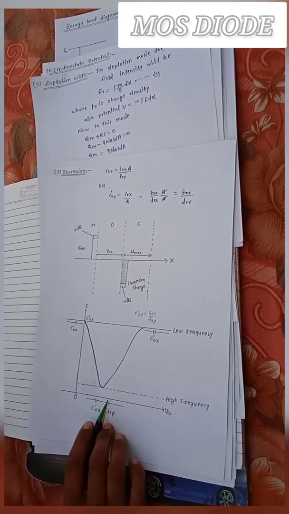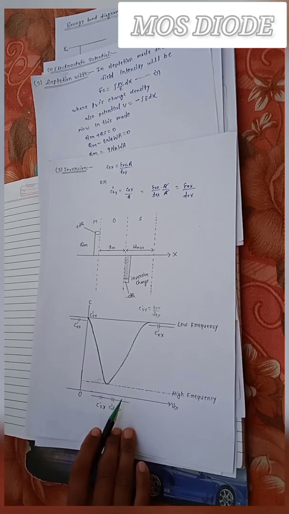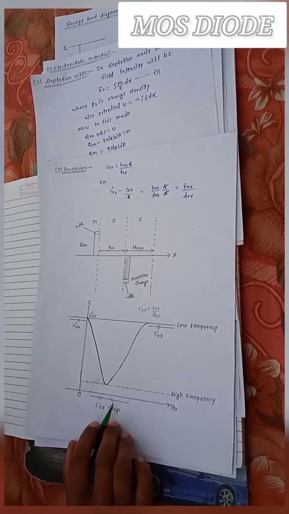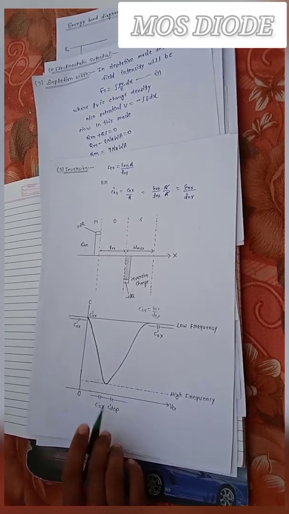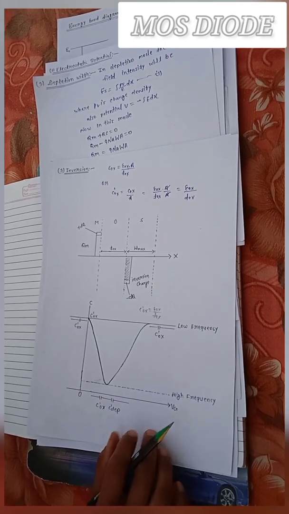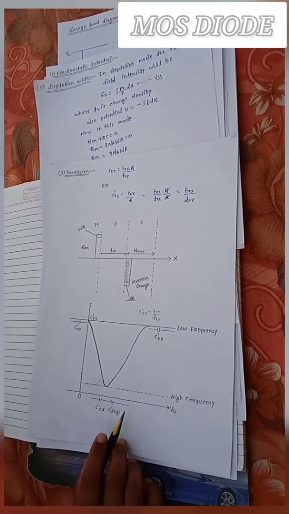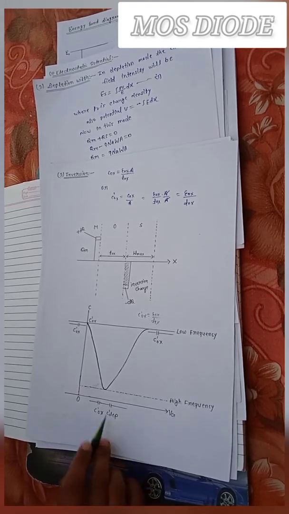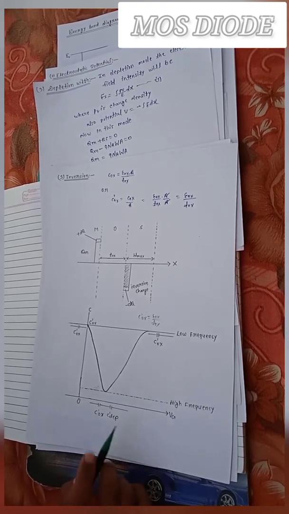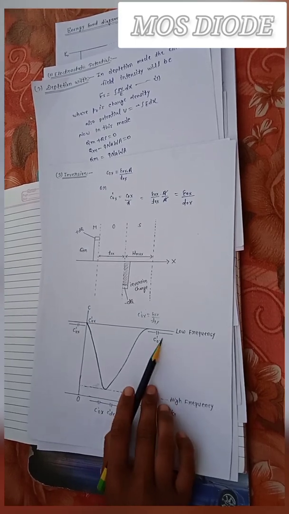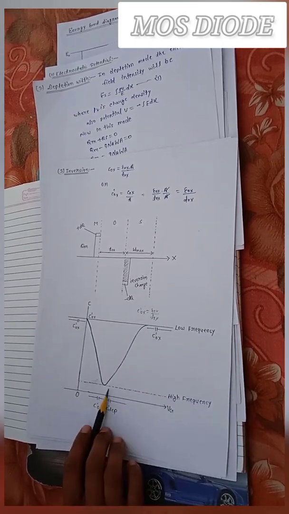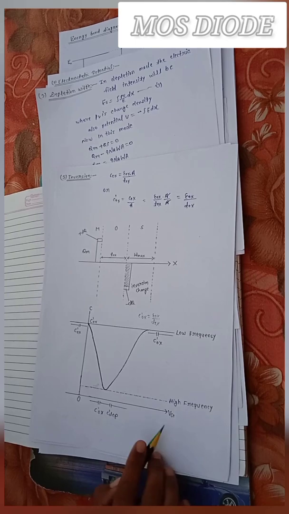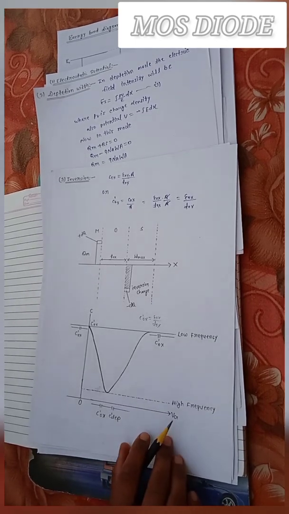In these characteristics we have maximum capacitance, which is Cox prime, and minimum capacitance, which is the series of Cox prime and C depletion prime. So this is the depletion width, with inversion charge at low frequency and depletion charge at high frequency in this graph, and Vg is the applied voltage.